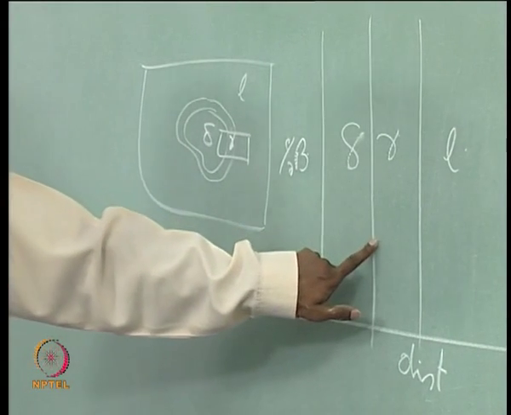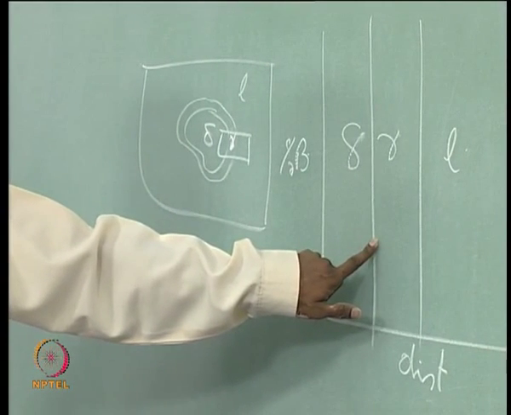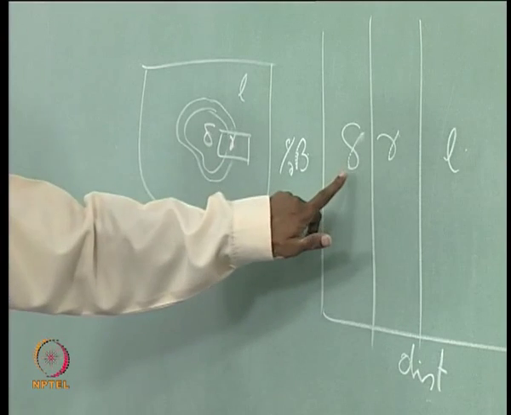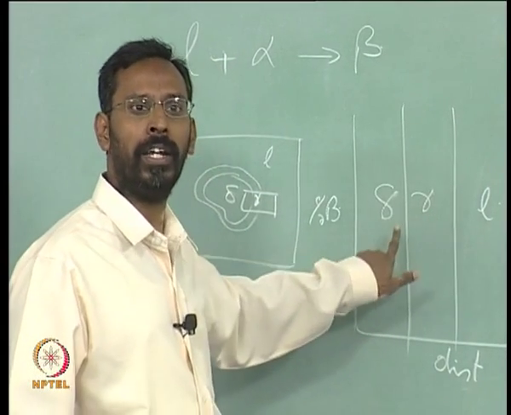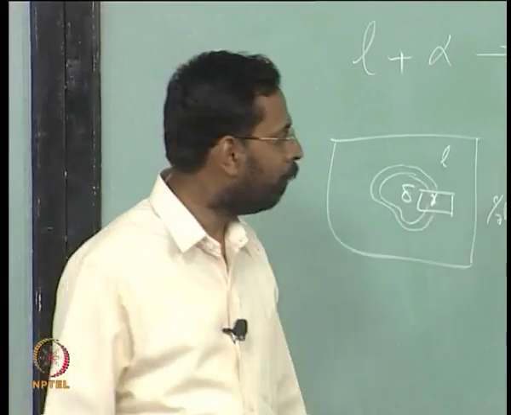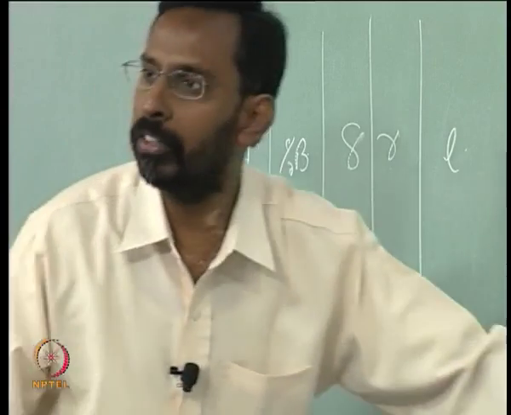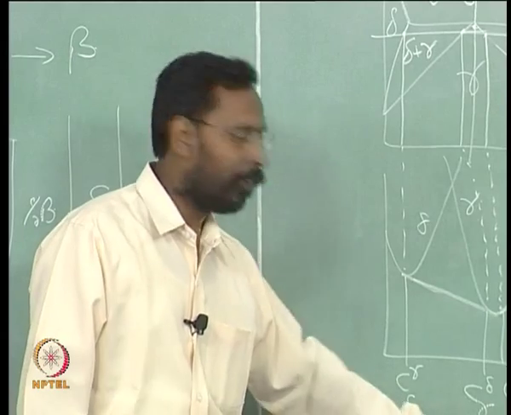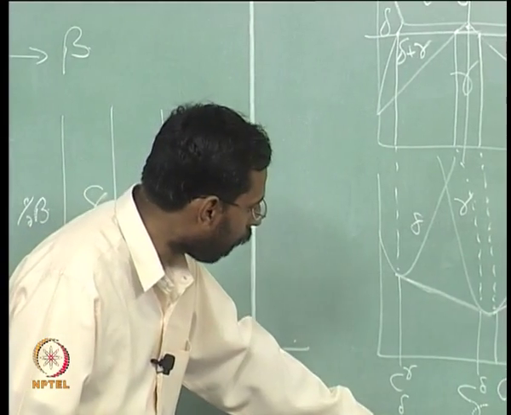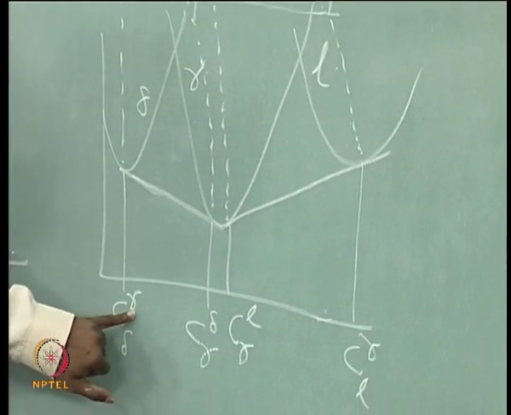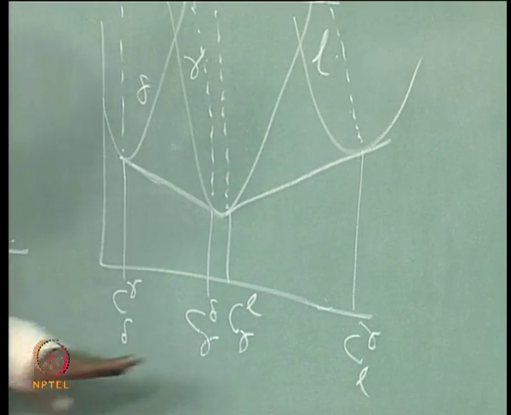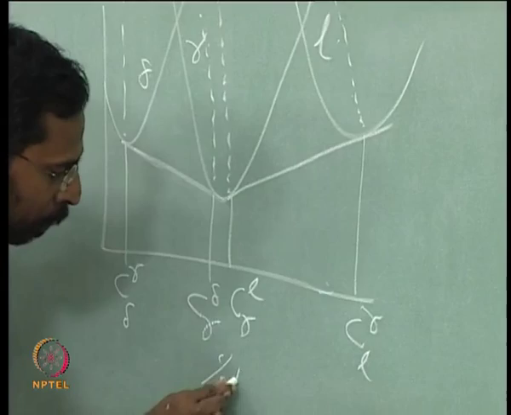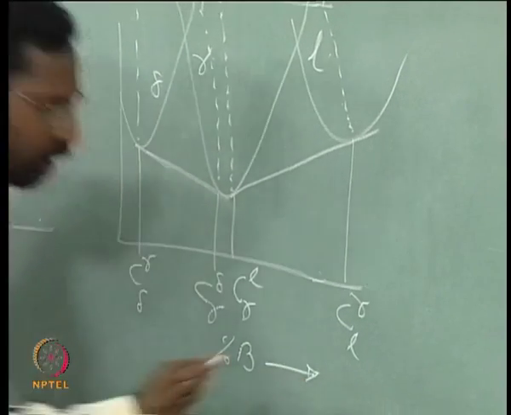If I look at this equilibrium first, delta and gamma equilibrium, I need to look at what is the composition of delta in equilibrium with gamma and what is the composition of gamma in equilibrium with delta. If I look at that, I get those compositions from here. So, if I look at those compositions, this is an increasing percentage B. Am I right?